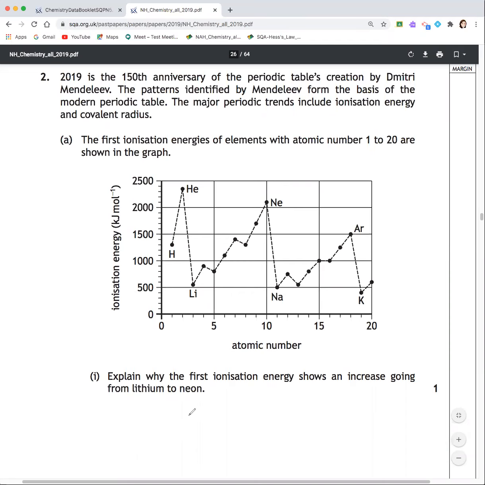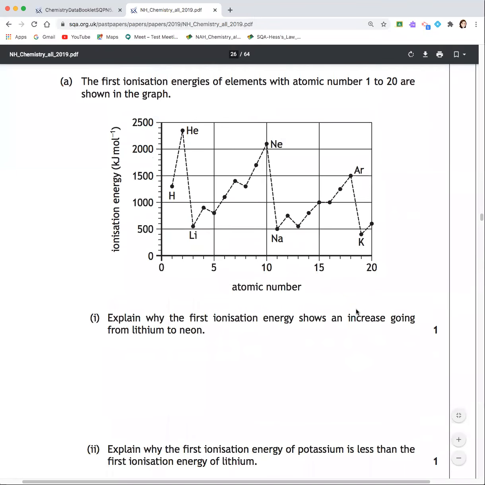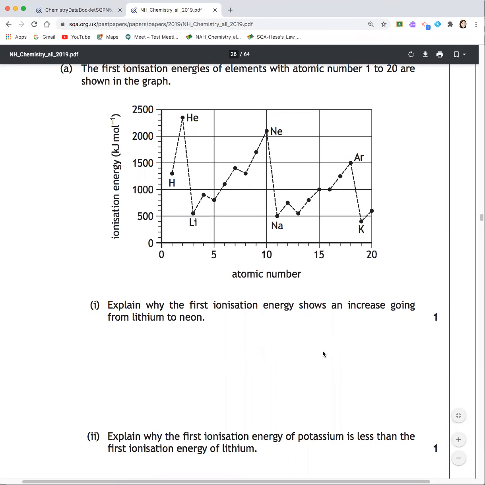You can also say it's due to an increase in the number of protons in the nucleus as well. So if the nuclear charge is increasing because you've got more protons, that's going to more tightly hold the outer electrons that you'd be trying to remove if you were ionizing it.